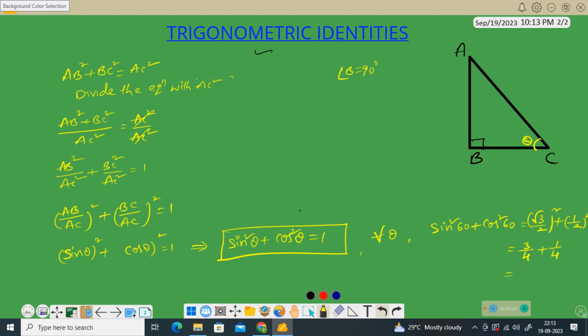Both denominators are equal, so add the numerators: 4 by 4, which is 1. So sin square theta plus cos square theta gives 1, and by using this identity we can write it directly.